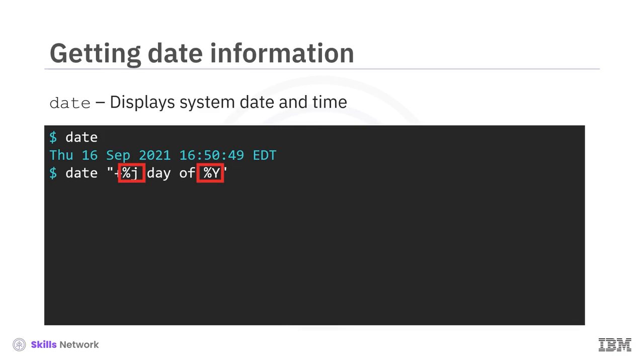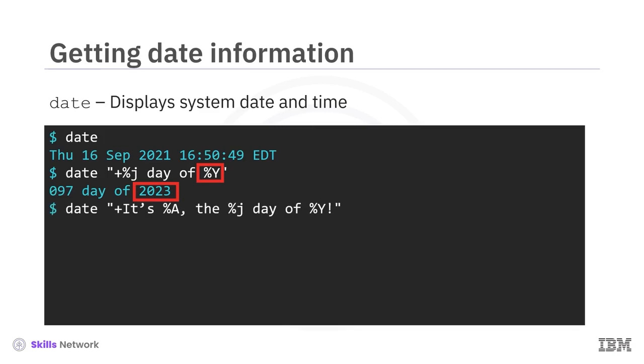Format controls are indicated with the % symbol. In this case, %j and %Y output the numerical day of the year and the year itself, respectively. This command prints "97" for the 97th day of the year, the words "day of", and the year 2023. Notice how %Y is replaced by the year 2023.